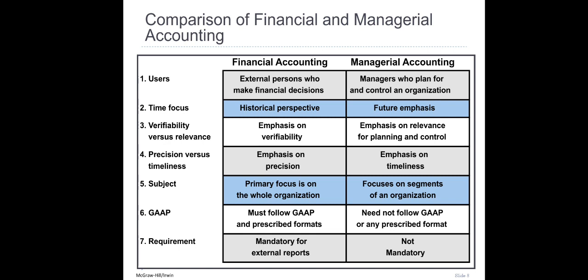So it is too late, because the manager wants to make decisions quickly. So many times, the management accountant will use estimates when they do the cost calculation and also when they prepare the budget. There are several more differences here. I hope you can read this in the textbook. I have explained at least four differences.